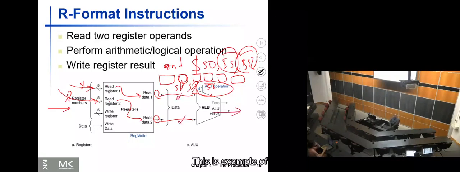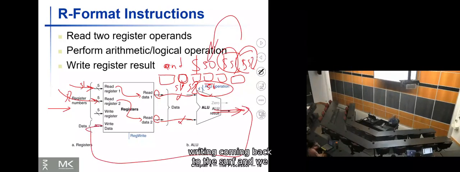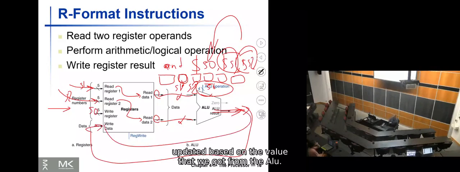So this is an example of an R format arithmetic or logic operation. It's not finished yet because the result coming out of here should be written to S0. So we have something coming back to the register file, and we have the address of S0 here, and the register file will get updated based on the value that we got from the ALU.